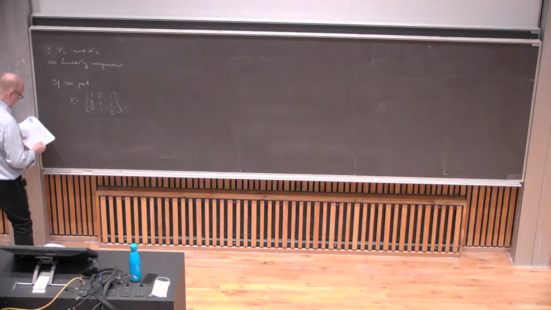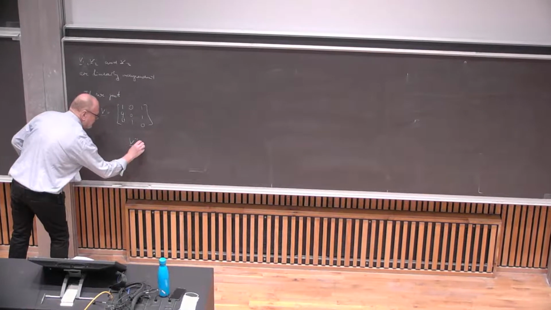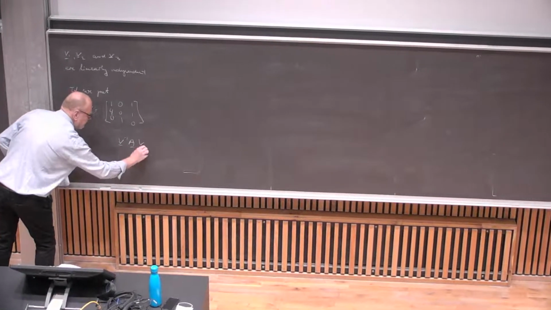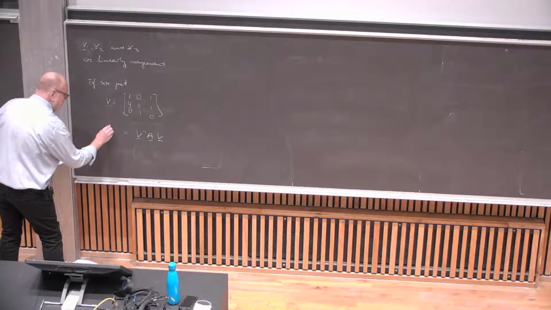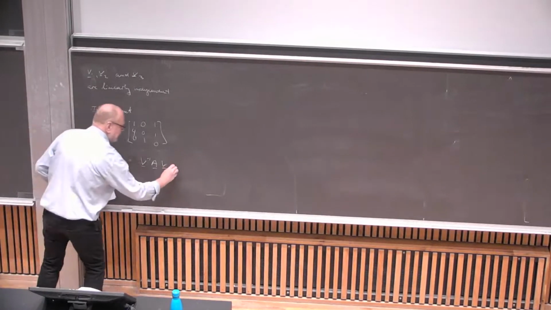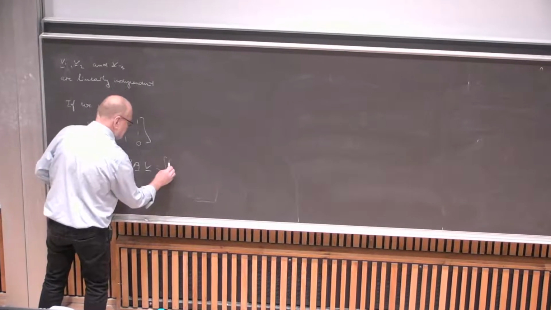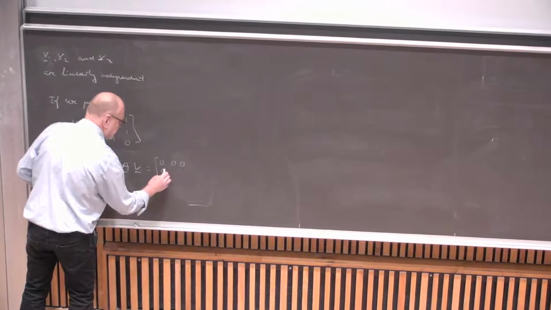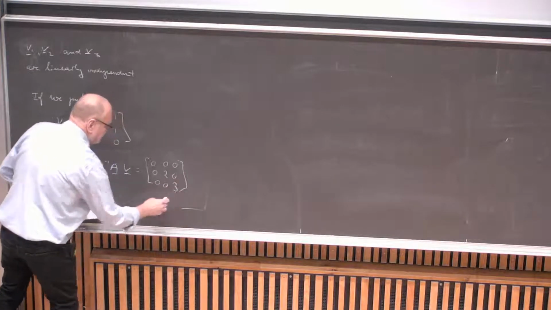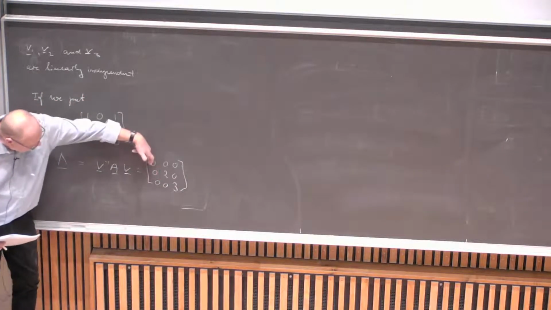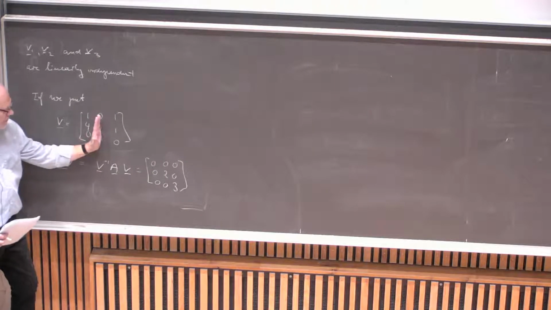Then if you perform this product here, the inverse of V times A times V, you will get a diagonal matrix, and this diagonal matrix will be equal to 0, 0, 0, 0, 2, 0, 0, 0, 3. That is a diagonal matrix with the eigenvalues in the diagonal in the same order as you have the eigenvectors.